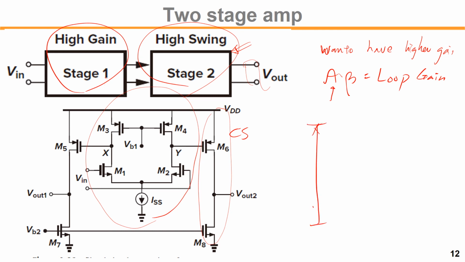Output range minimum would be what? V overdrive of the M8 and 7. And then maximum is VDD minus overdrive of the 6 and 5, right? So this is a very large range.